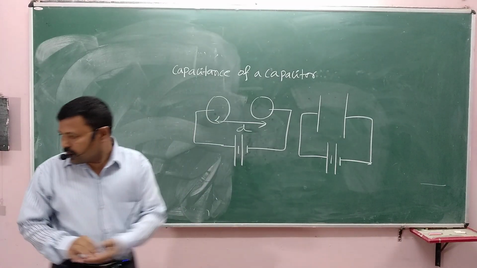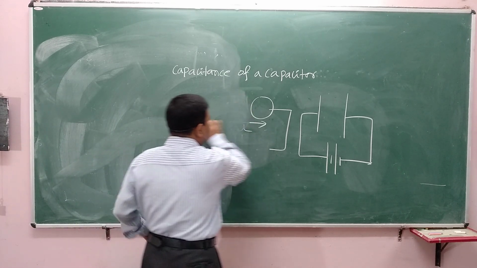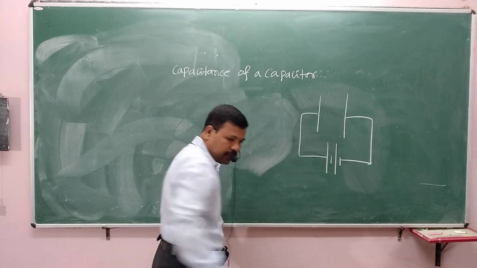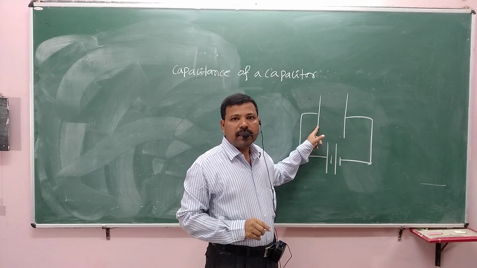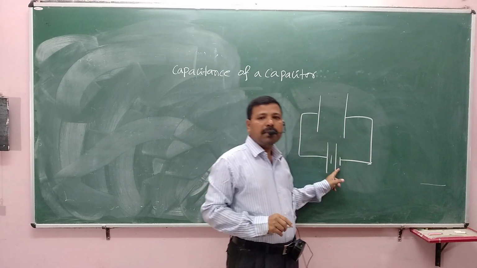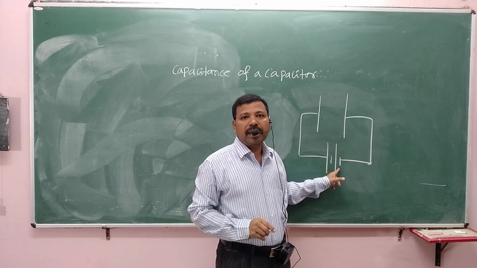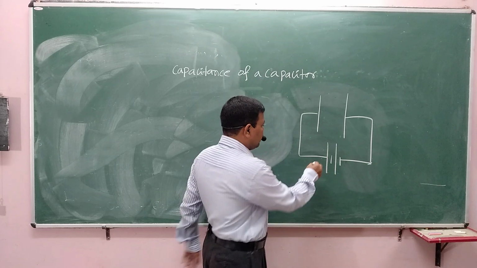Look at this second diagram. One plate of the capacitor is connected to the positive terminal of the battery. The other plate is connected to the negative terminal of the battery.